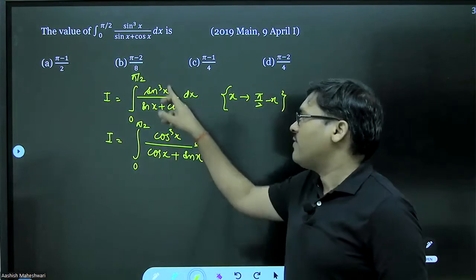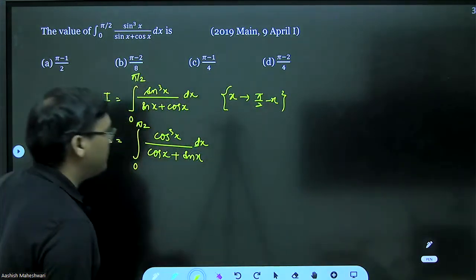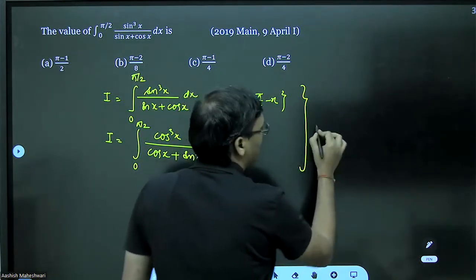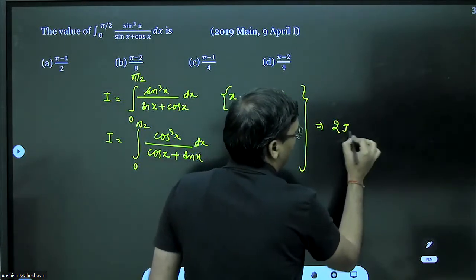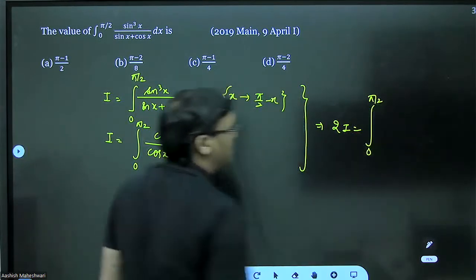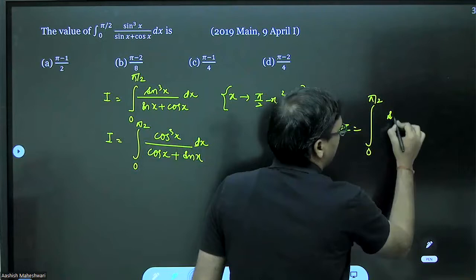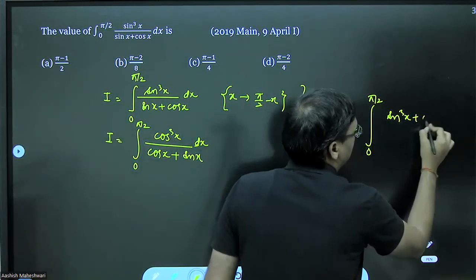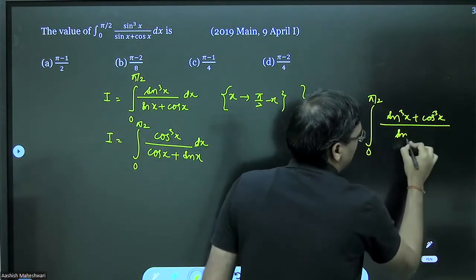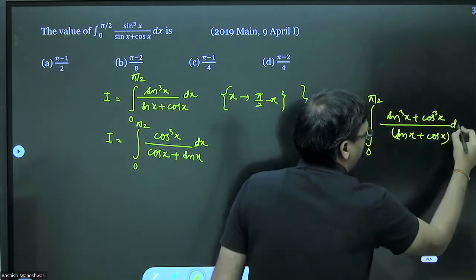Now if I just add these two integrals, this is 2I, equal to the integral from 0 to pi by 2 of sin cube x plus cos cube x, because the denominator will be the same, divided by sin x plus cos x dx.